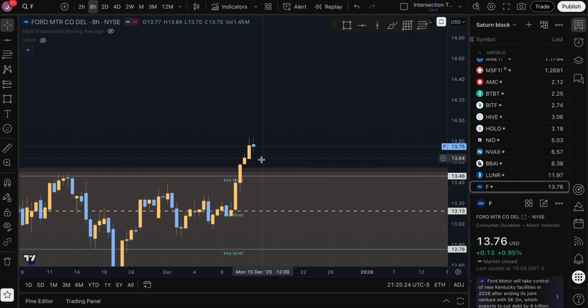So if it's going to retest this, I would still go long from here. But if it comes back into this zone and starts having some weakness, I may reassess and end up going short or waiting a little bit longer. So it just kind of depends.